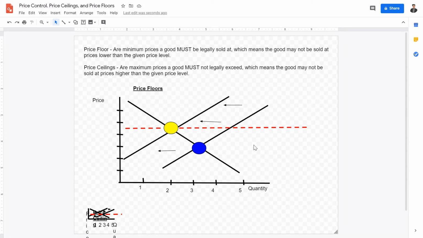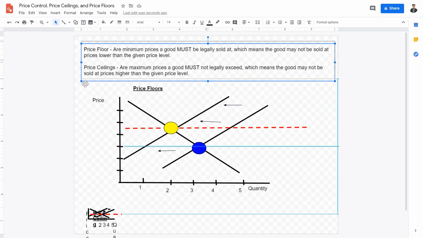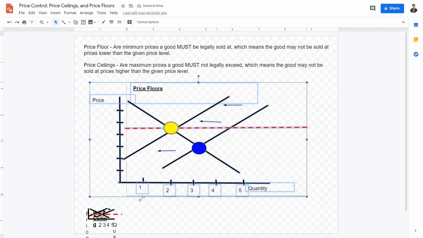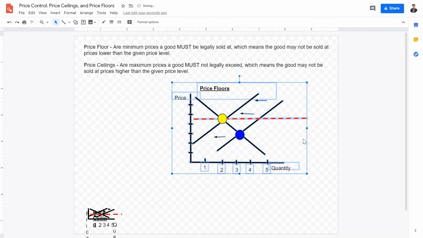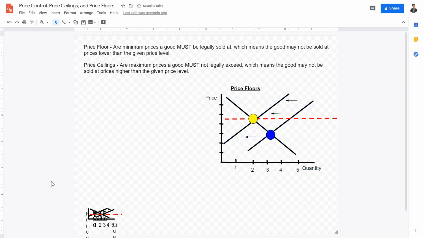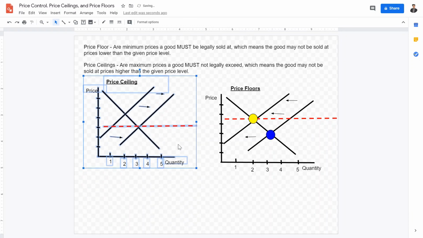That illustrates the two major concepts of basic government price control, which are price floors and price ceilings. Price floors are when governments want to ensure that the interests of producers are met, and price ceilings when governments want to ensure that the interests of consumers are met.